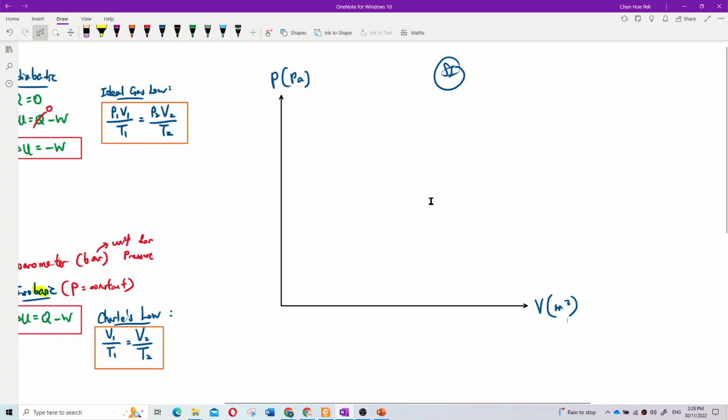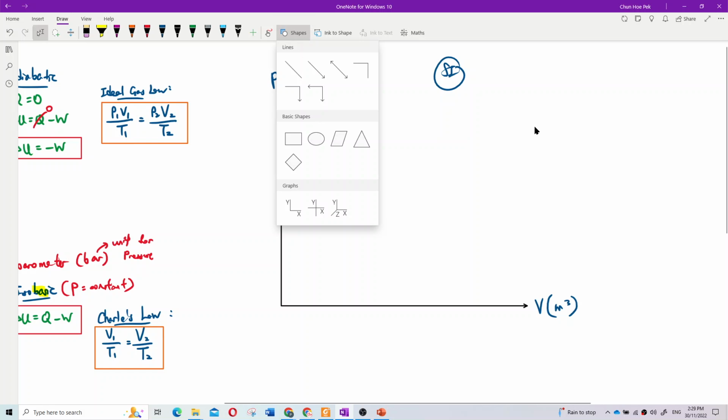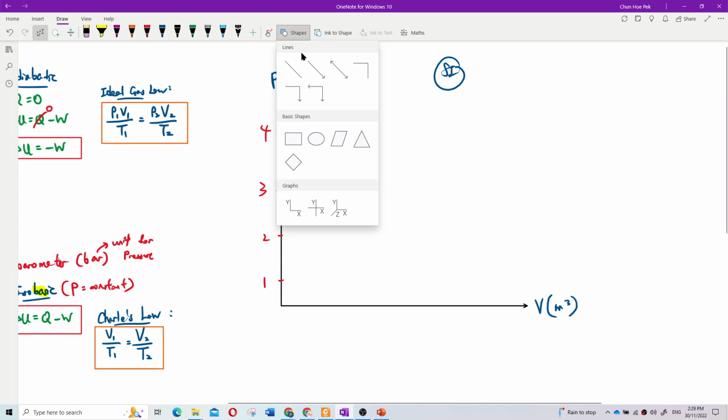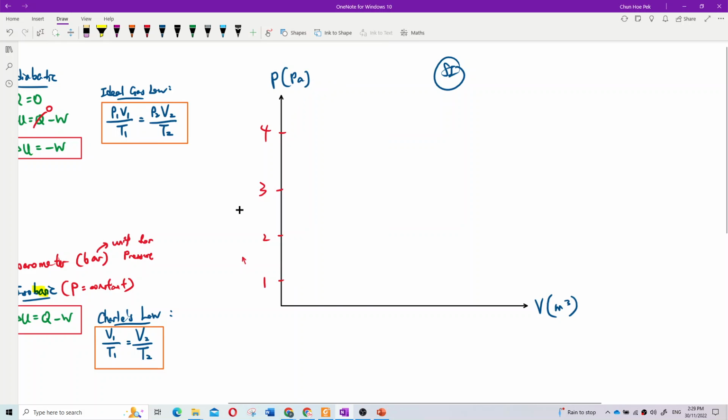So, we know that going up, this one is maybe 1 Pascal, 2 Pascal, 3 Pascal, 4 Pascal. So direction going up is pressure increase. Correct or not, class? Yes, sir.